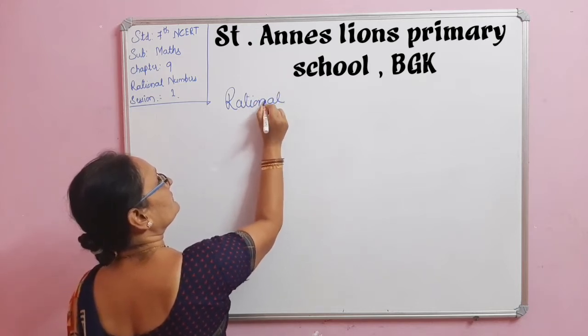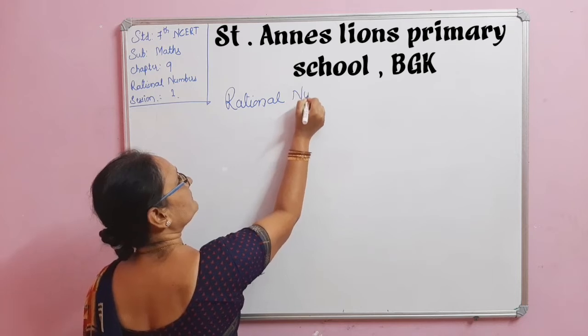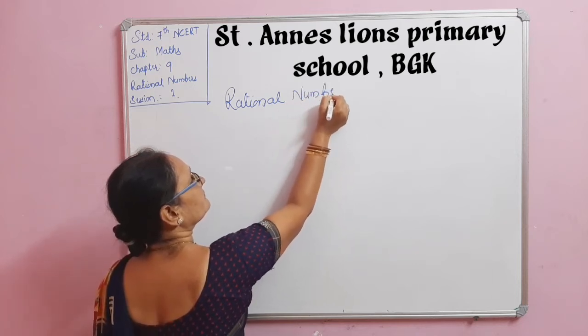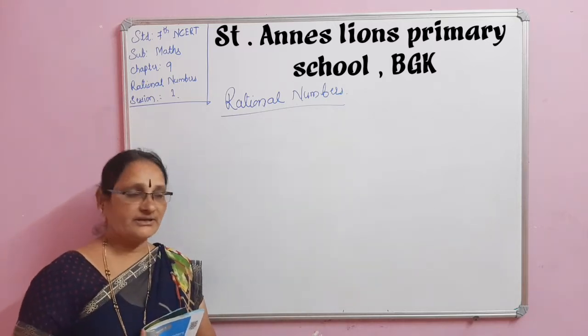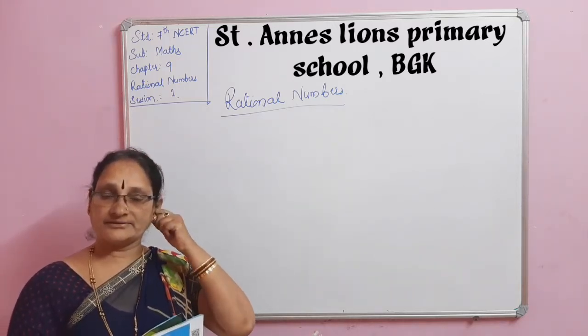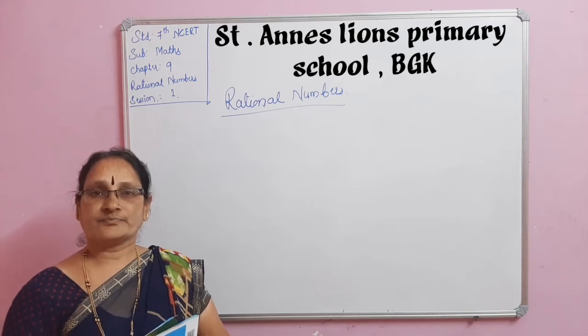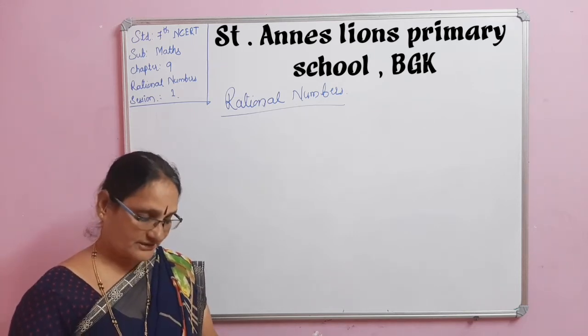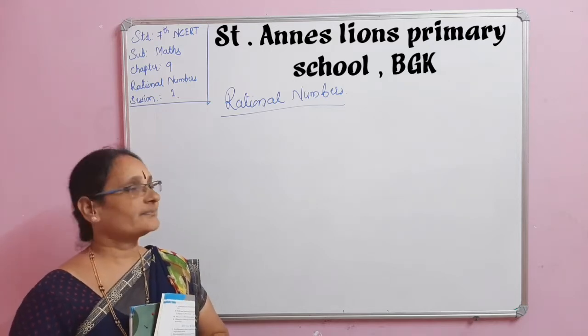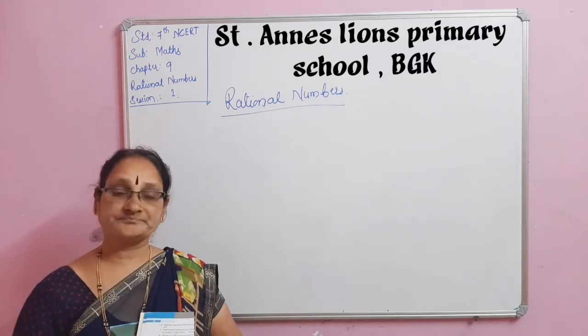Rational numbers, a very important chapter it is, not only for 7th standard, even it continues to 8th, 9th, even in the 10th standard it continues. It's a very big chapter, so just an introduction is there for 7th standard. See, rational numbers.